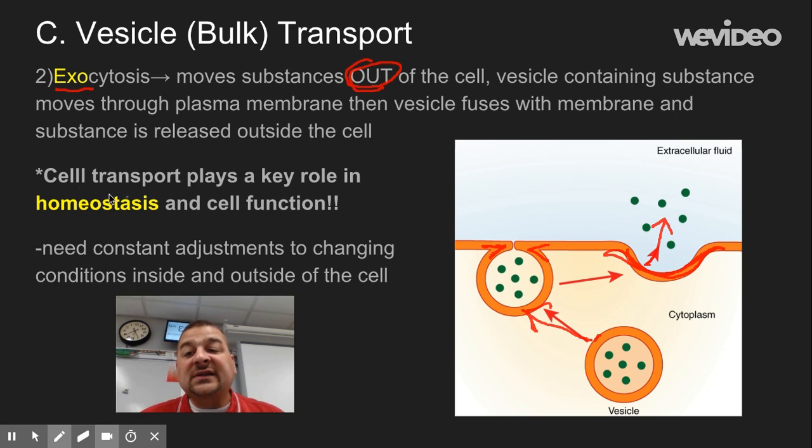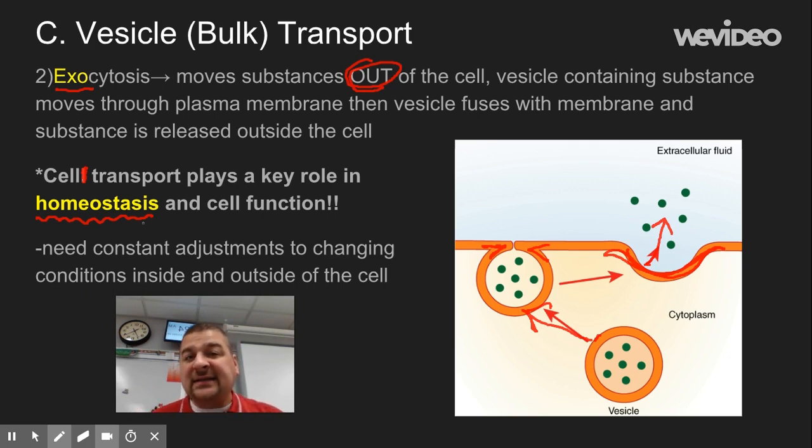Okay, understand cell transport. Cell transport plays a key role in, what is that word again? Homeostasis, internal balance. It is very important for the functions. We talk about different types of cells making up different kinds of tissues, making up different kinds of organs.